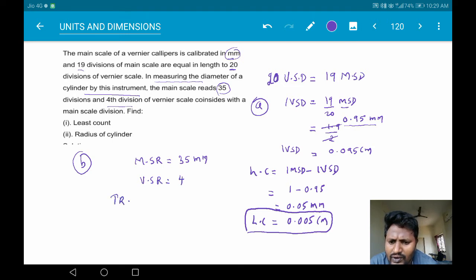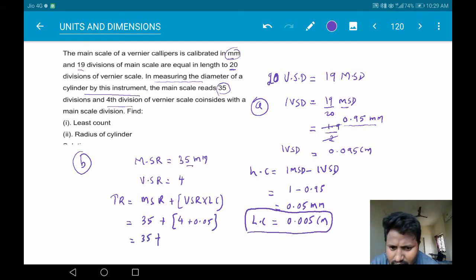Therefore total reading we can write as main scale reading plus vernier scale reading into least count of the device. So 35 plus 4. They are measuring in millimeter, so I am writing least count also in millimeter. So 0.05. So 35 plus this we are going to get 0.2. Therefore 35.2 millimeter. Okay, this is the answer for the radius of the cylinder.